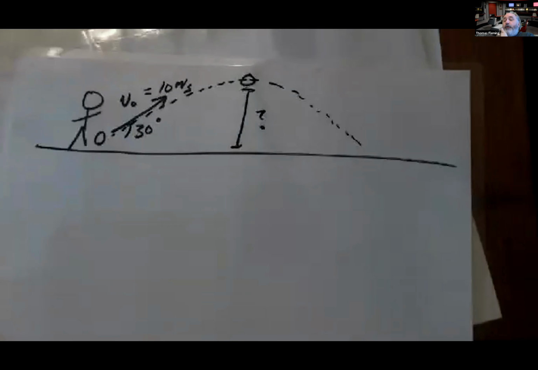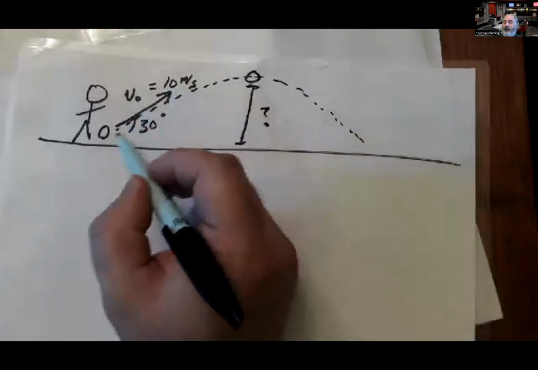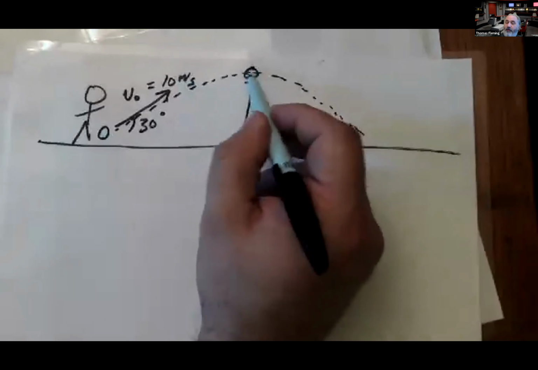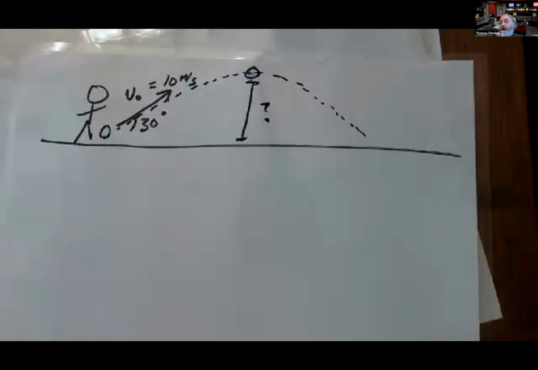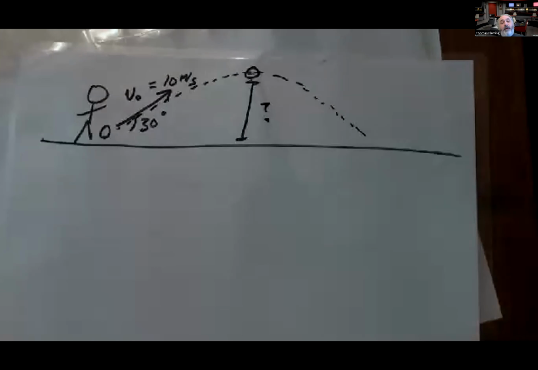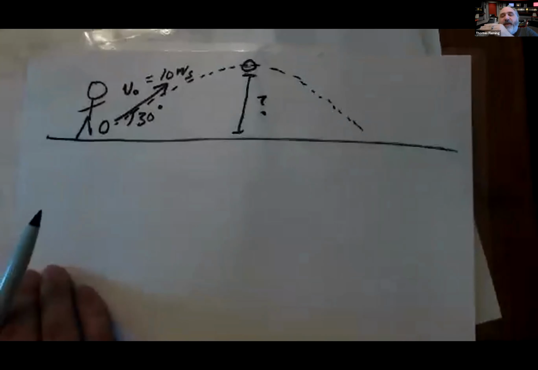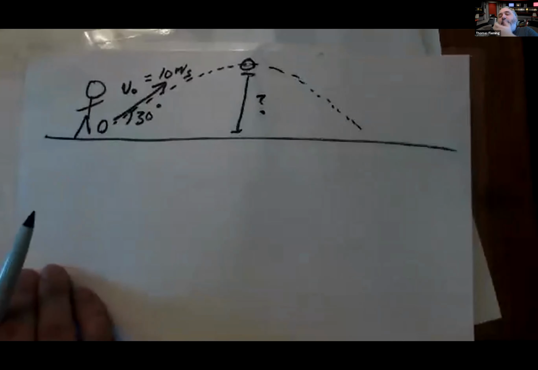What's going to happen is we're going to do the same kind of steps. We're going to start with a picture. I'm labeling as much as I can in that picture. I've got my starting velocity, my starting position. Here's where the ball is going to end up. There's my final position. Now what I've got to do is choose a coordinate system and take inventory of what I know, just like a chapter 2 problem. The difference, though, is that when I take that inventory, all the things that I'm taking inventory of are vectors, and they're going to have components.